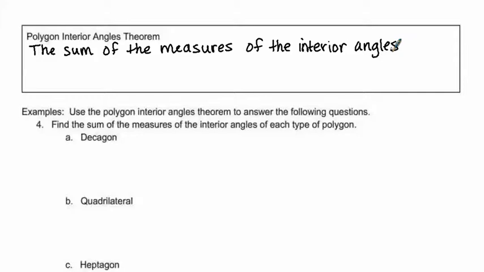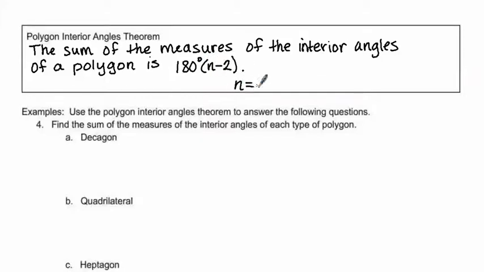The sum of the measures of the interior angles of a polygon is 180 degrees times n minus 2. And n is the number of sides.